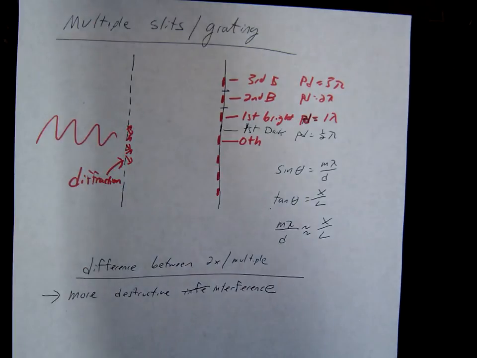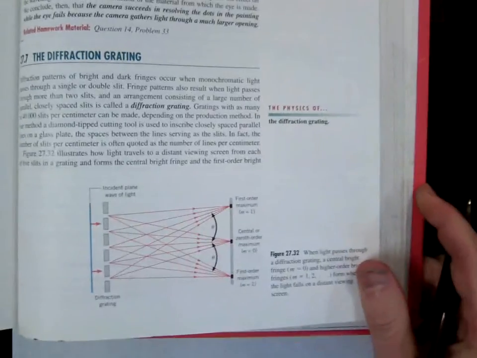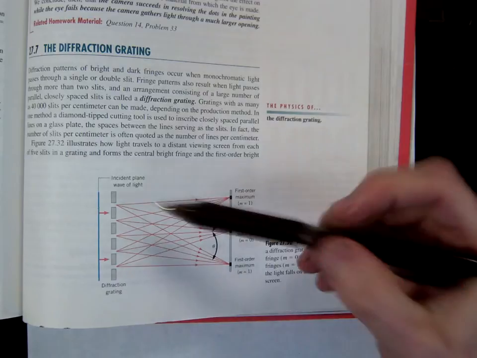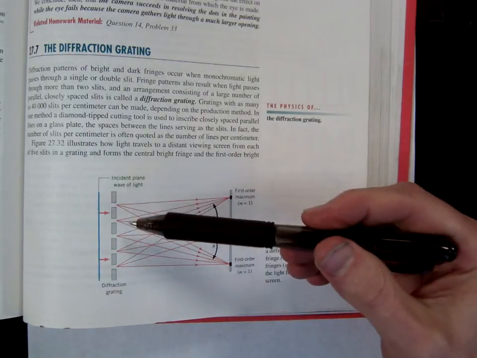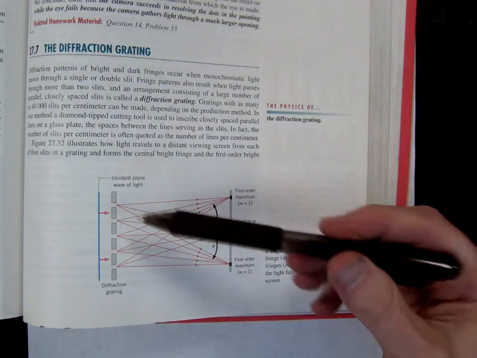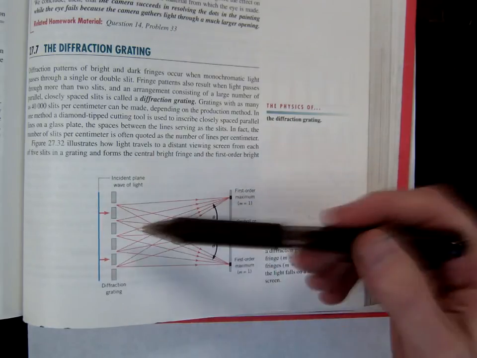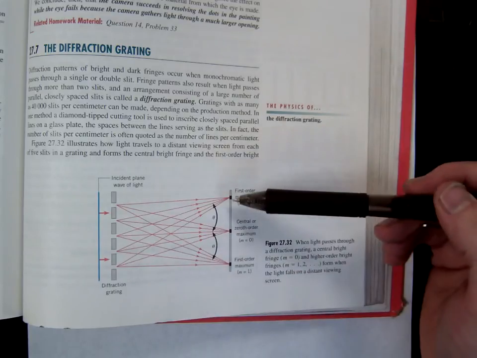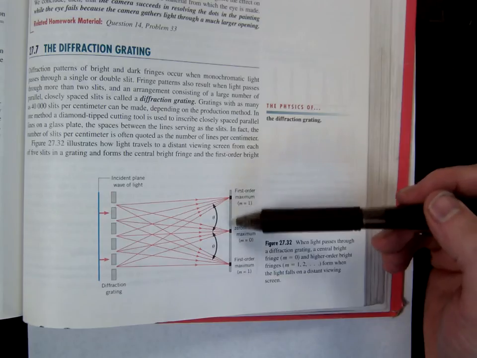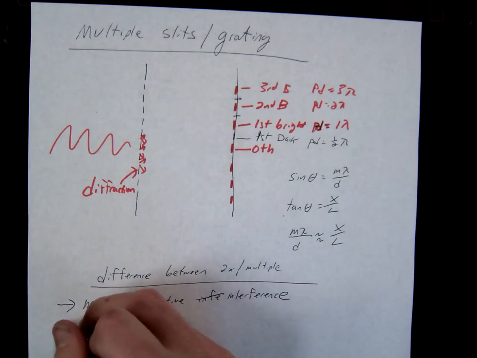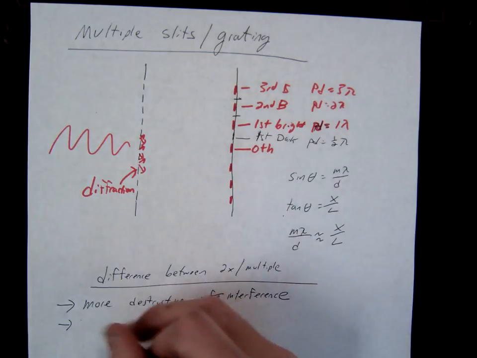If we look at this picture here, in the double slit you basically have those 2 beams that you would look at. In the multiple slit, like this 1, 2, 3, 4, 5, you have 5 beams to look at. When they all come together at one point, you get the full constructive interference. However, all along the way, you're going to get lots and lots of destructive interference, which means you're going to have a larger region of dark space.